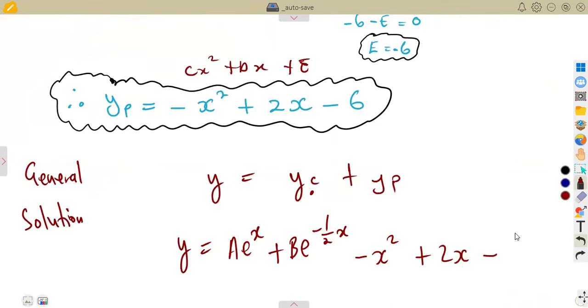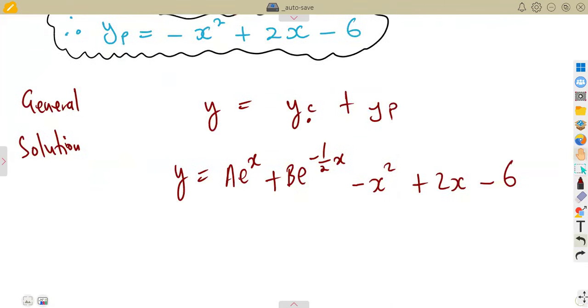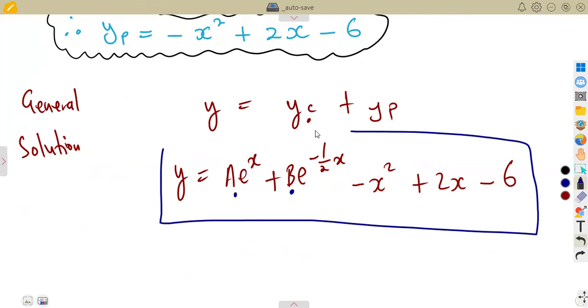So having this equation with the constants a and b to be calculated, that's the general solution. The moment you calculate a and b, you now have the particular solution. That is where we were supposed to have our solution up to.